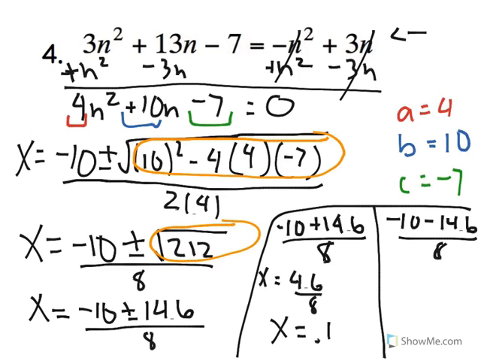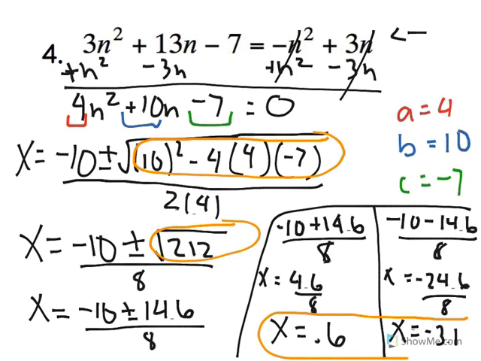So x equals 0.6. Over here, negative 10 minus 14.6 is negative 24.6 divided by 8, which gives us about negative 3.1. So those are our two solutions using the quadratic formula for that problem.